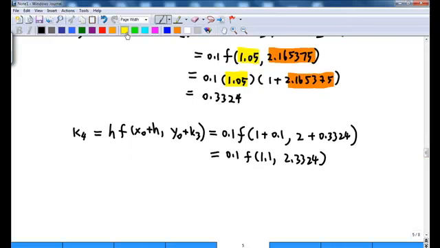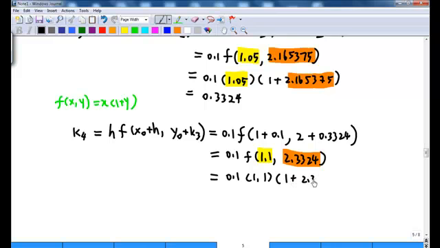Substituting into the formula with x equal to 1.1 and y equal to 2.3324, where our function f of xy was x times (1 plus y) in our problem. This will give us 0.1 times 1.1 times (1 plus 2.3324).